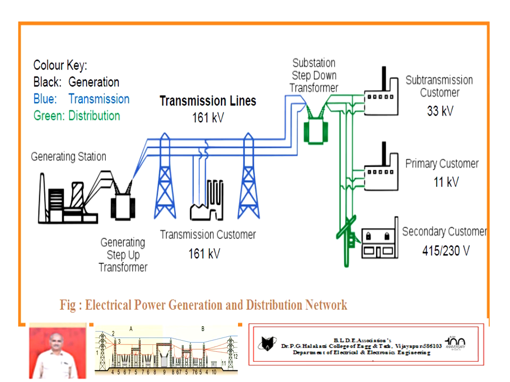Now we can see a typical power system. In all steps from generation up to supply at the consumer point, a number of transformers are coming. Now you can guess how much importance the transformer has in electrical circuits.